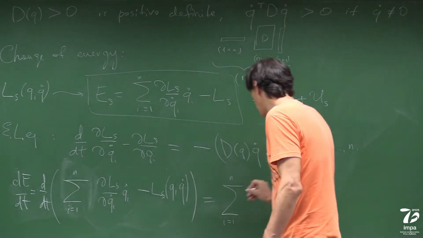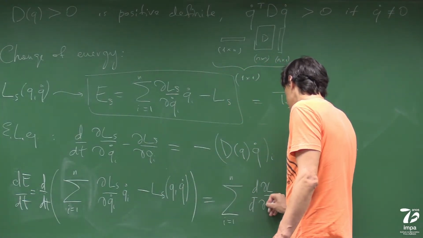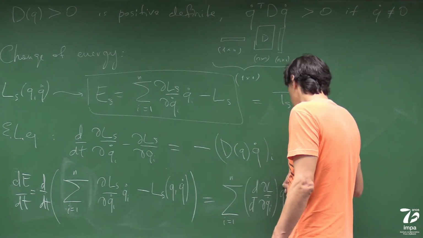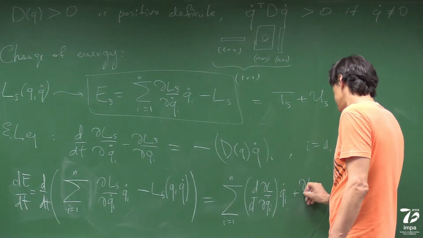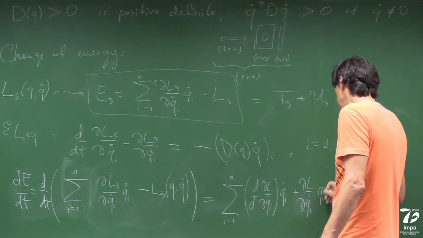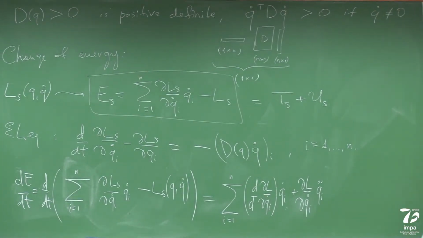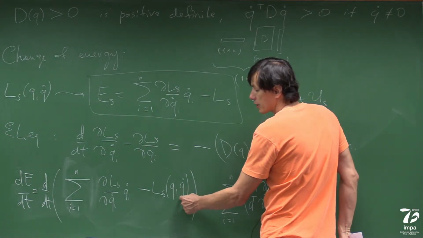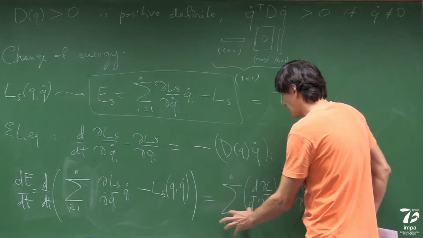So we take the derivative of the first term, right? And then the derivative of the second. Derivative of the second, you add a dot, right? And then we have to differentiate with respect to coordinates and with respect to velocities and then with respect to time.